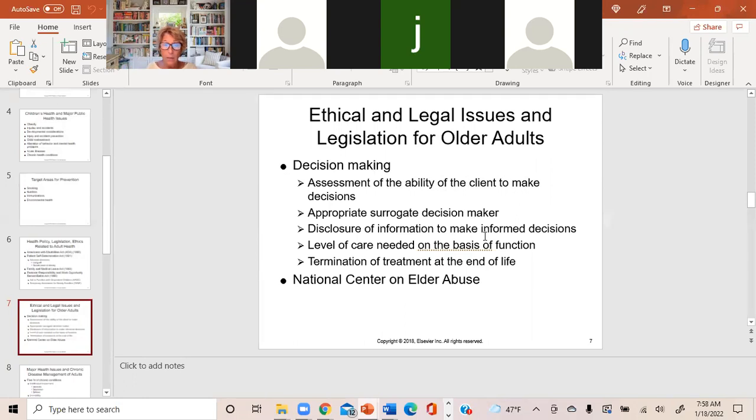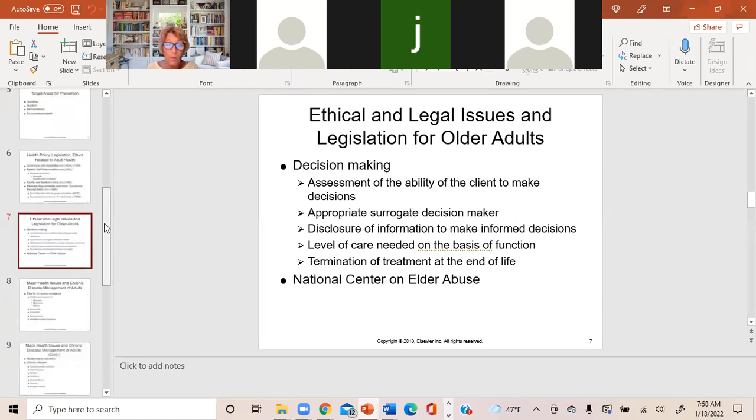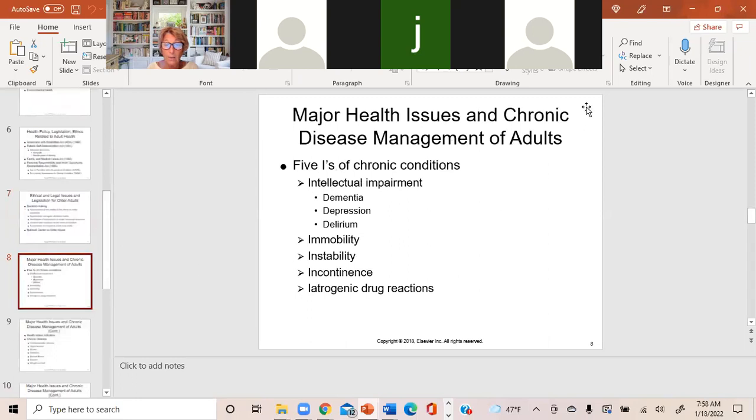They need to be autonomous if they're deemed competent. Okay, so we need to learn about ethical and legal issues in regards to who's making the decisions. There's a National Center on Elder Abuse. You need to know that exists.